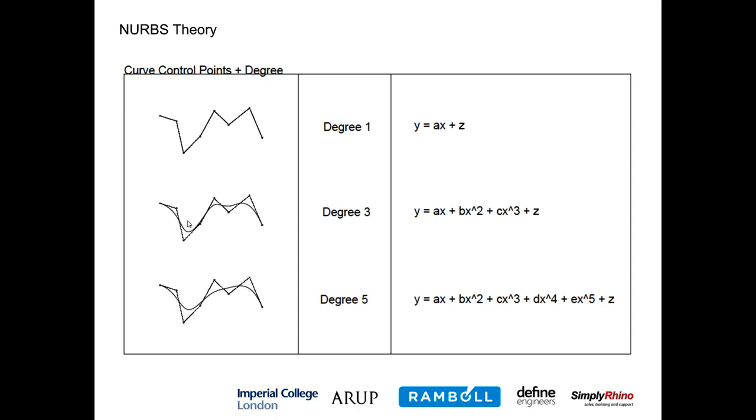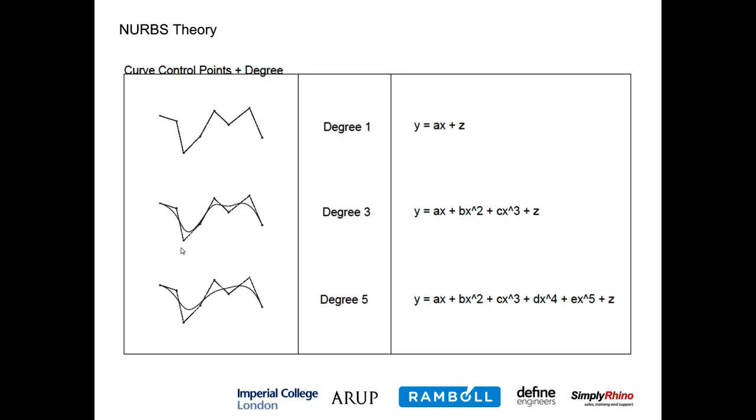If we had a degree 2 curve here, then it would start off similarly, but it would be looking at the 3 different control points at the start of this curve. So it would start off there, but then it would gradually be pulled towards this point over here. And we can see that in the degree 3 and the degree 5 curves. In the degree 3 curve, each point along here is being influenced by 4 different points.